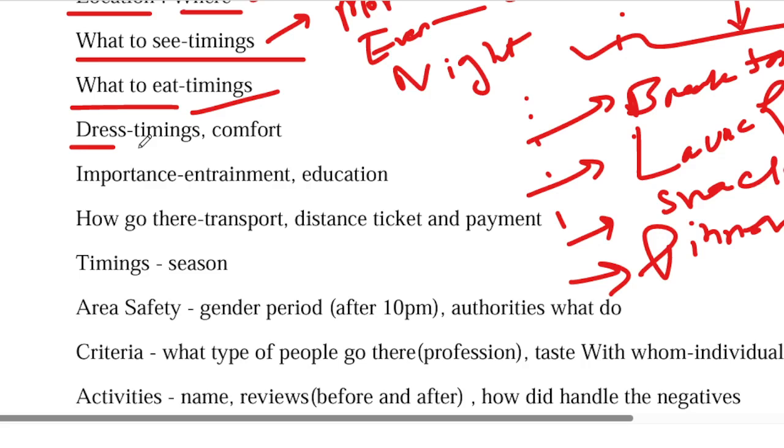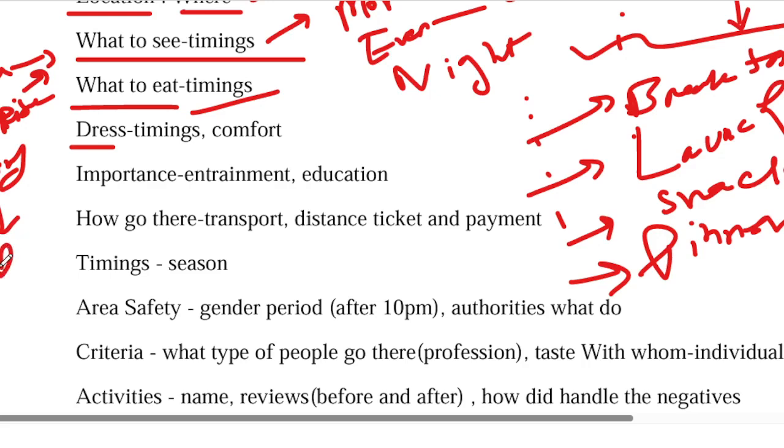Then dress. See, whenever you talk about the dress, you can also divide it into timings. First, say you went to a sea beach, right? So in the morning you went there to see the sunrise. In the evening time you went there to have some swimming. Do you think you are going to wear the same dresses when you go there to see the sunrise, when you go there for swimming, or when you go to some other places for dinner?